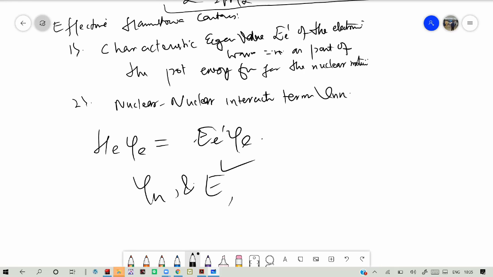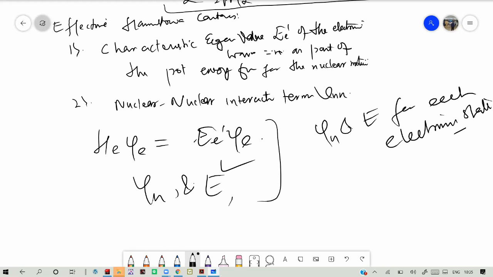So for each electronic state, remember that we have to find psi n and E for each electronic state. That means when different electronic states are there in a molecule, for each electronic state we have to solve, like psi 100, psi 200, psi 210. That is what we mean by electronic states here.